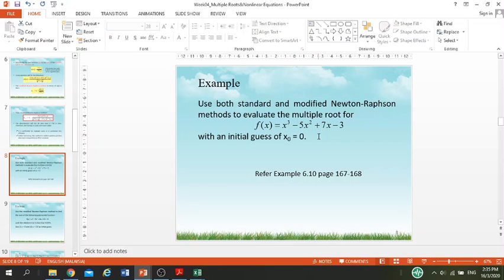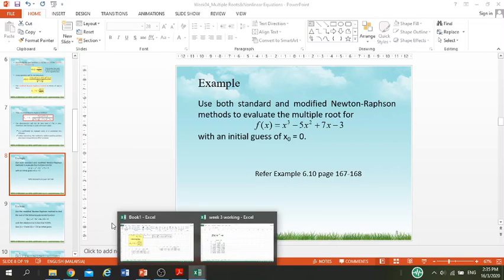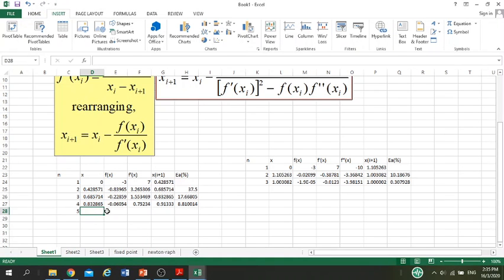It's not mentioned here, but it's good to keep doing the iteration until we reach 0.0% error. So it's always very convenient to do this in Excel. Of course, during the real test or exams, you need to demonstrate the actual equation and your calculation manually.